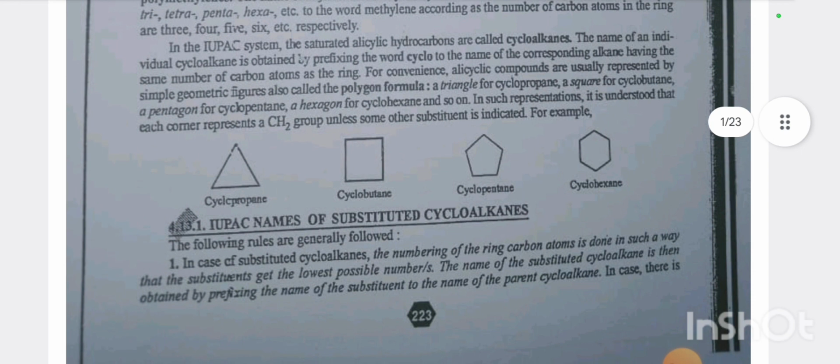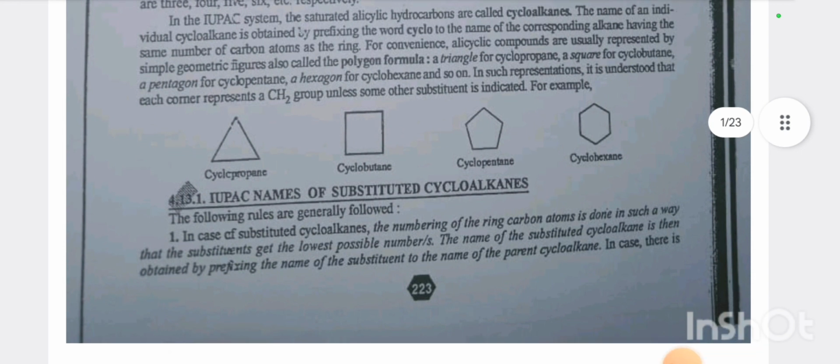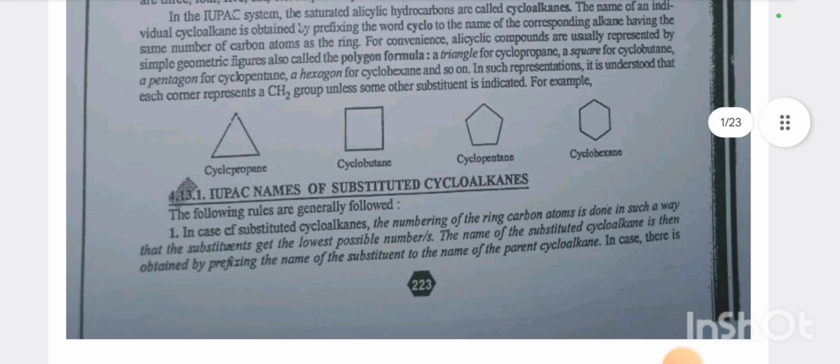etc. respectively. In the IUPAC system, the saturated alicyclic hydrocarbons are also called cycloalkanes. The name of an individual cycloalkane is obtained by prefixing the word cyclo to the name of the corresponding alkane having the same number of carbon atoms as the ring.